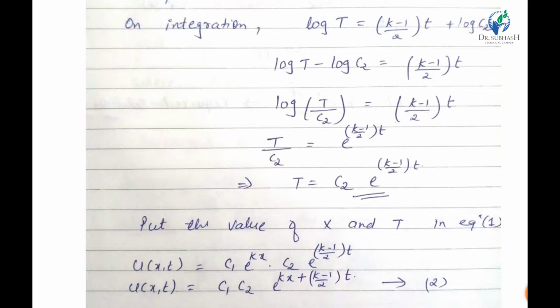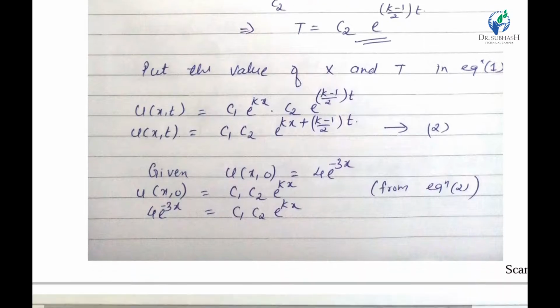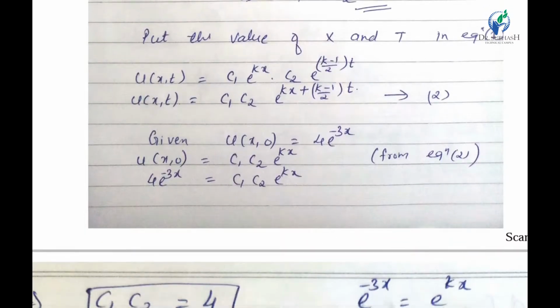Now if we are not given the initial condition, but since we have been given our initial condition as u of x0 is equal to 4 e raised to minus 3x.